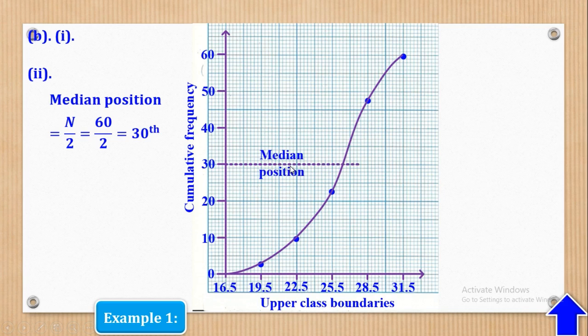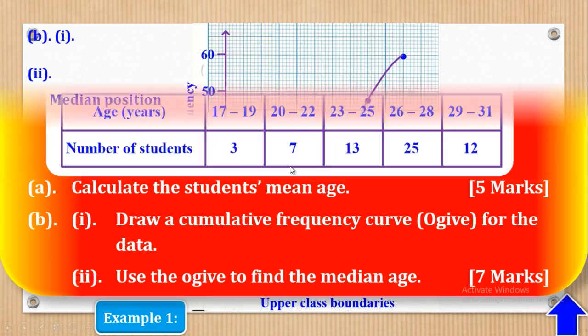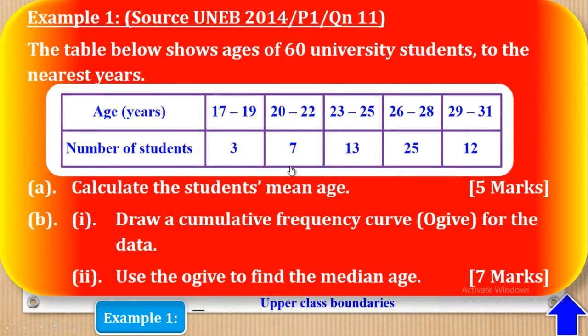Where this line meets the curve, we drop it perpendicular to meet the horizontal axis. Now the value you read off will be your median. So we say that from the Ogive, the median age is 26.8 years. So basically that's what they wanted in Roman 2 of part B.